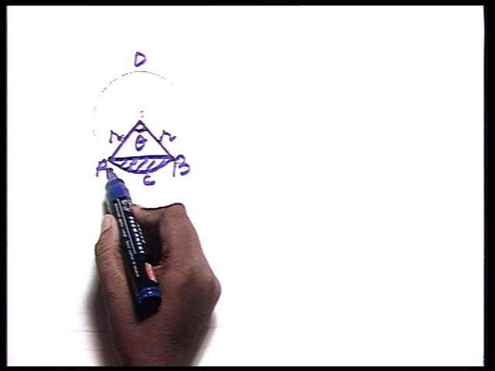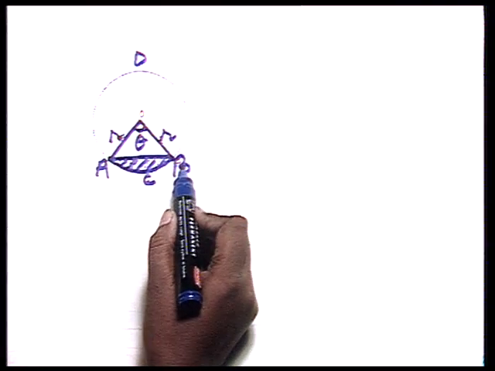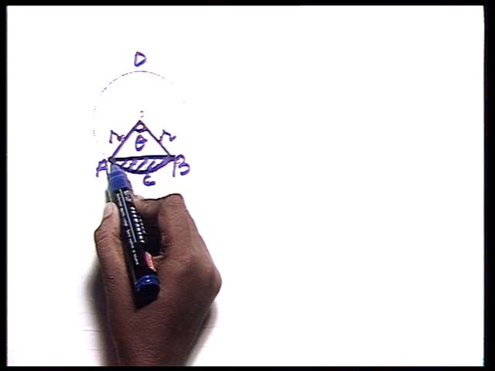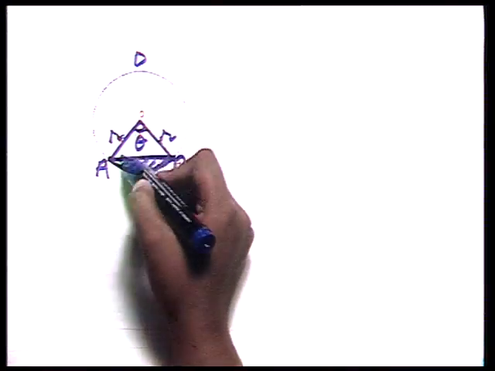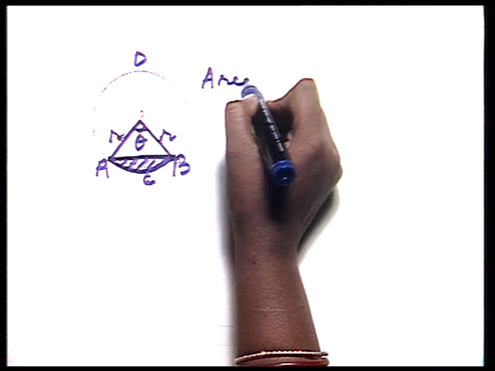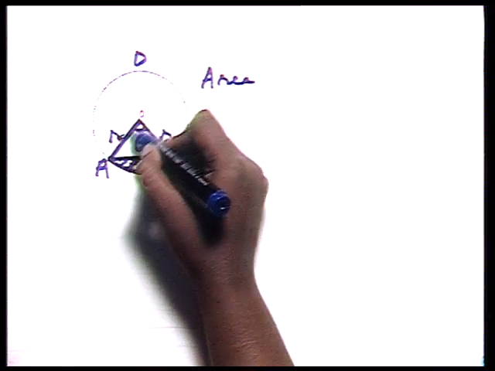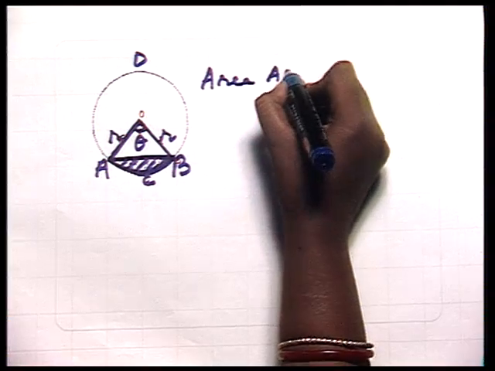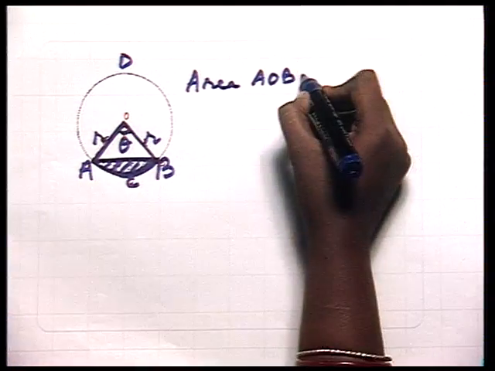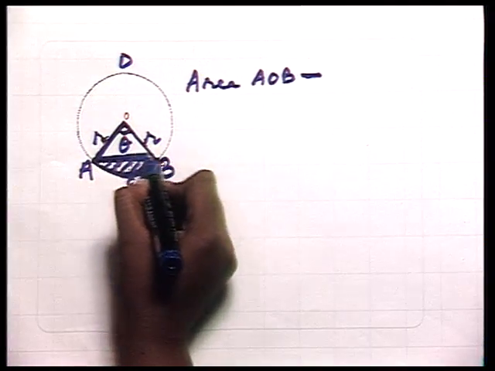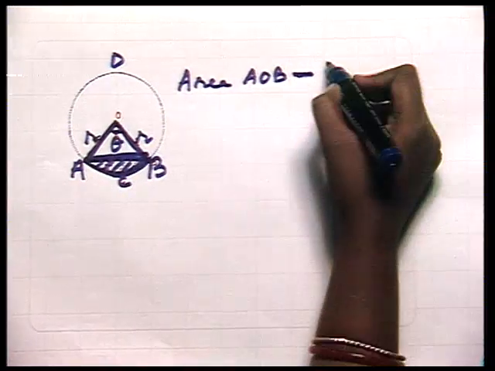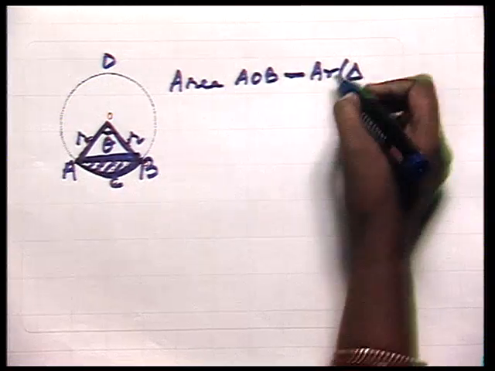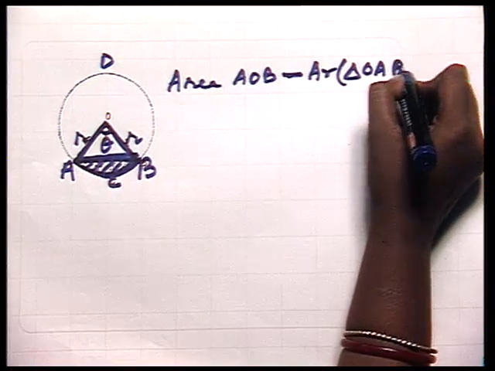We have to find out the area of the segment ACB. The area of this segment ACB is now equal to area of the sector AOB minus area of the triangle OAB.